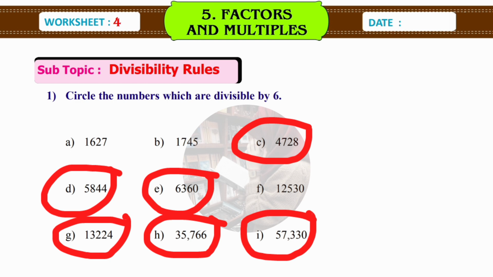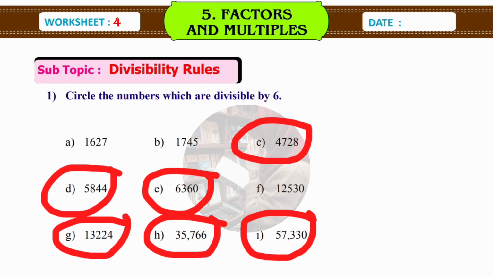This number is also divisible by 6. That's why circle this. Then the sixth number is not. Then the seventh, eighth and ninth numbers are divisible by both 2 and 3. That's why these three numbers are divisible by 6. That's why circle 7, 8 and 9. Okay guys, in this way you have to check it out.